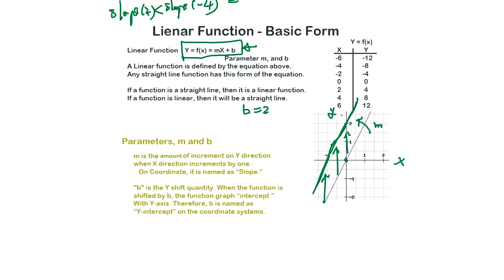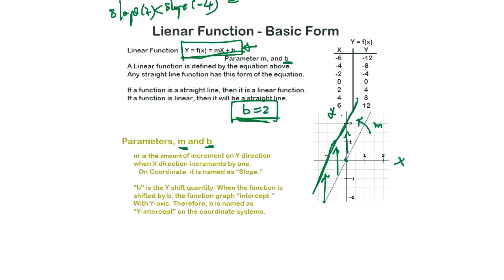So y equals f of x equals mx plus b. This shifted function b, the shifted amount, this is also variable, so we call that parameter. Okay, so this parameter b give you how much it's shifted along the y. Okay, the parameter m and b.